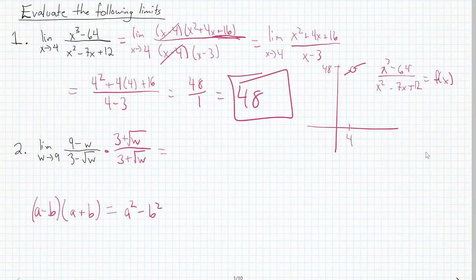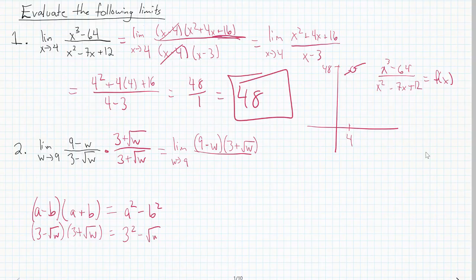Well, up top we have the limit as w approaches 9 of 9 minus w times 3 plus square root of w. Okay, what happens down below? Well, notice we now have down below 3 minus square root of w and 3 plus square root of w, right? And so that should equal 3 squared minus square root of w squared.